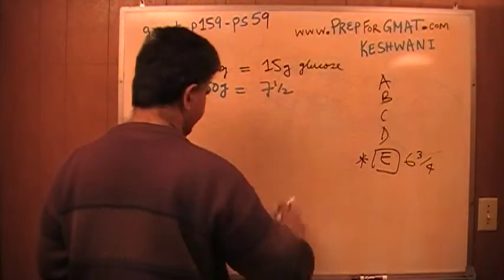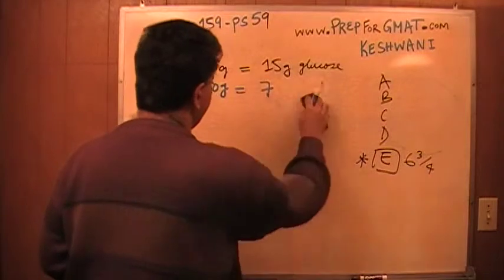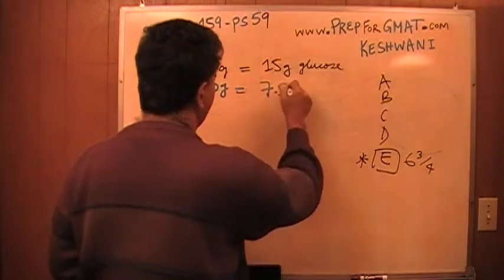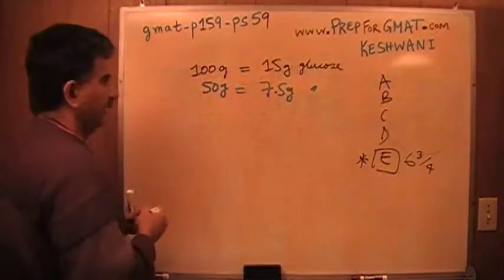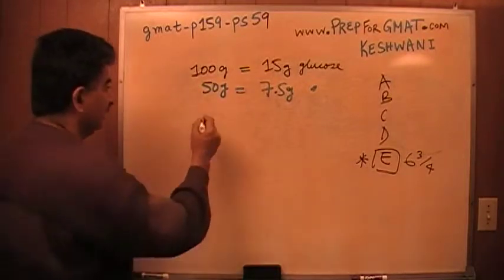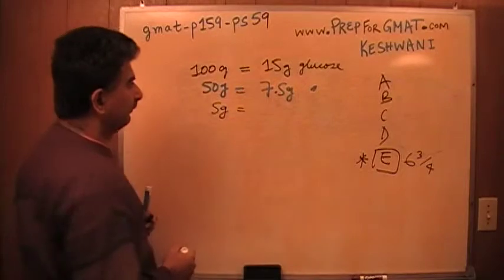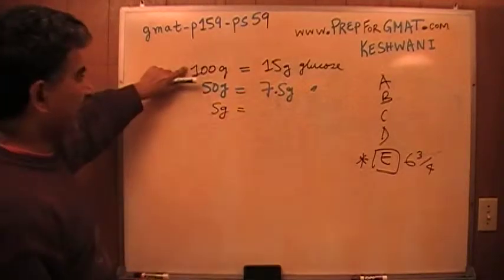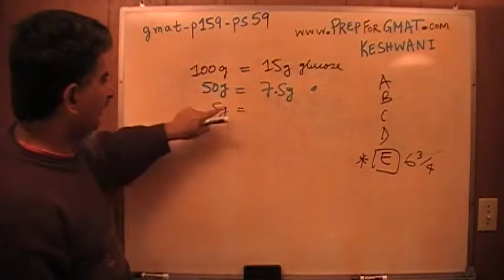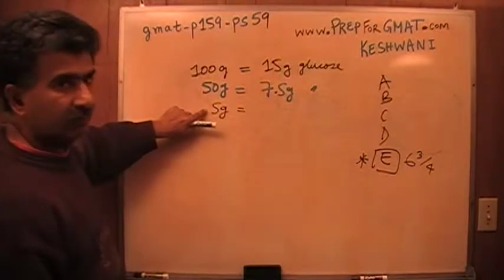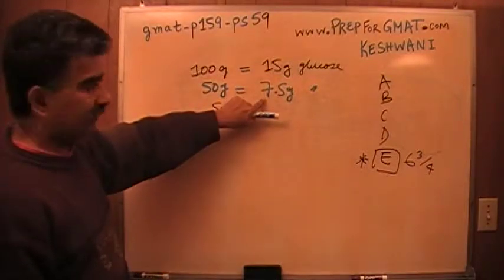Let me write this in decimal so you can see where I'm going with it, 7.5 grams. And therefore, it also follows the logic that 5 grams should contain a tenth of that. 50 grams will contain half of that. Half of 15 is 7.5. And 5 grams of solution will contain a tenth of that.